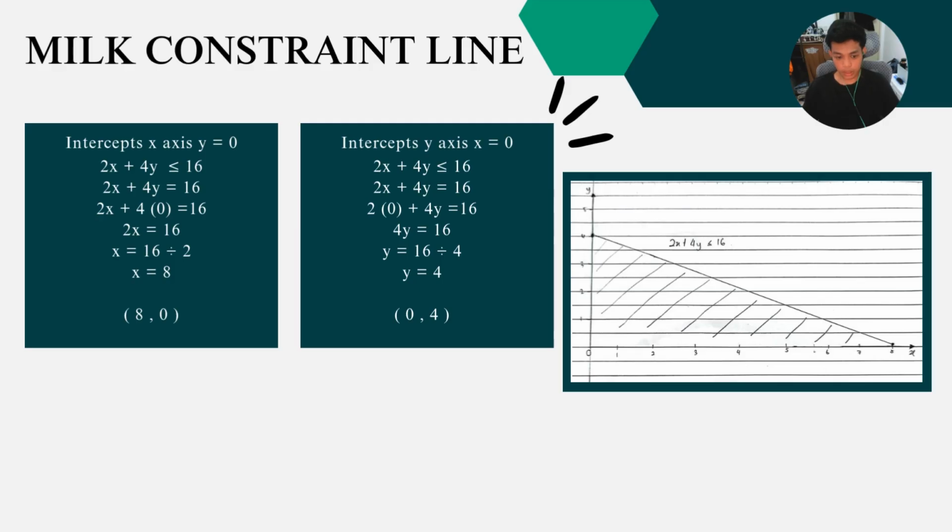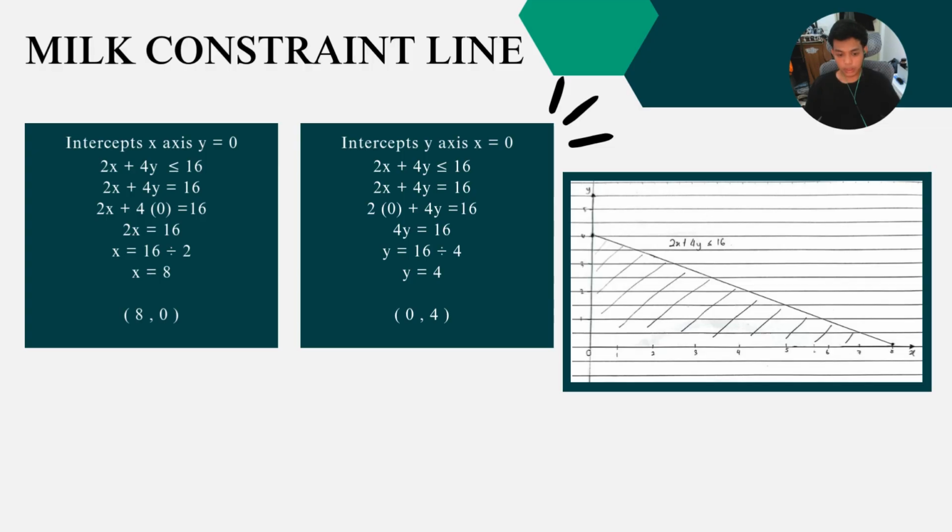So the intercept of x is at (8, 0). On the right box, we solve for the y-intercept by setting x equal to 0. Substitute 0 for x into the equation. So we get 2 times 0 plus 4y equals 16. Next, 4y equals 16.